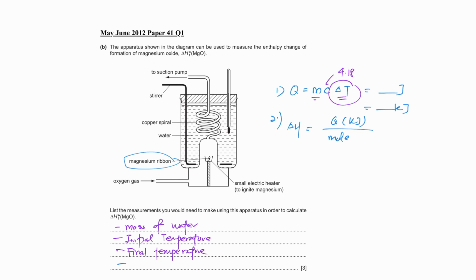So it will be the mass of magnesium ribbon used. We need to get this measurement in order to calculate the moles of magnesium ribbon used.